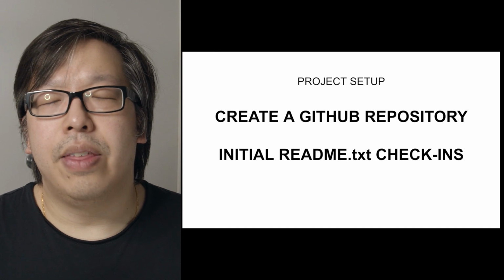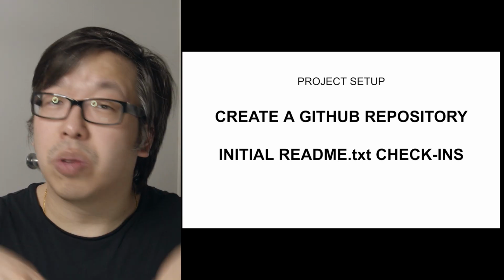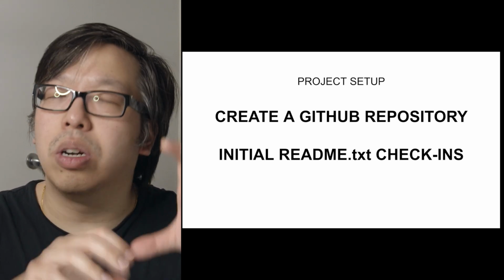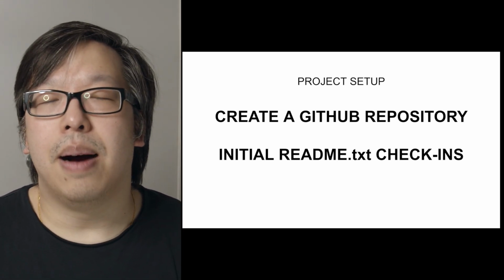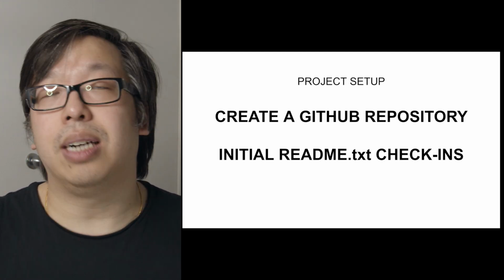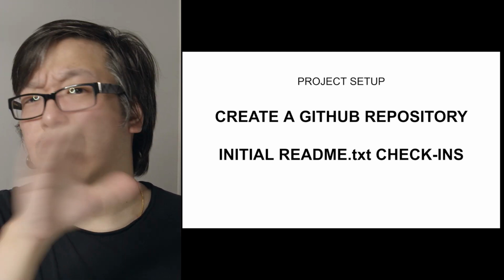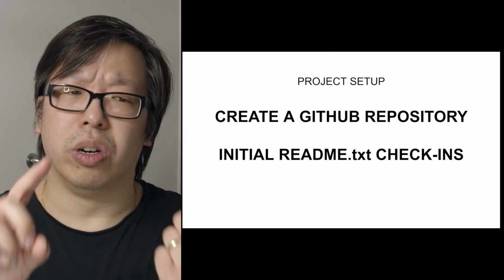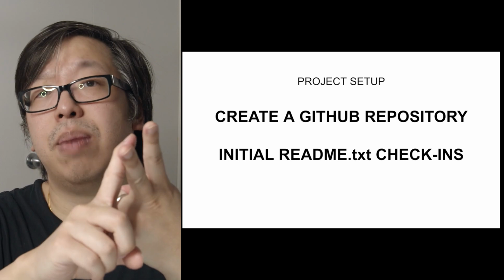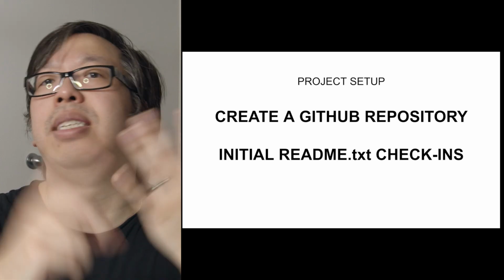And the very first thing you're going to put in that repository, remember, a repository is kind of like a folder, is a readme.txt file. You're going to create a text file called readme.txt, and it's going to have some basic information in there, like your name, your student number, and then the product definition and the team name.